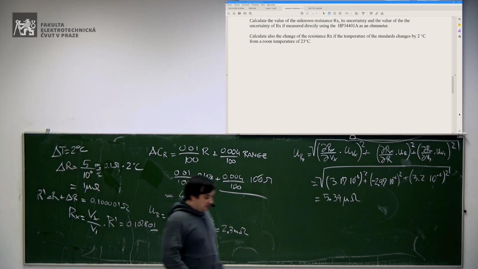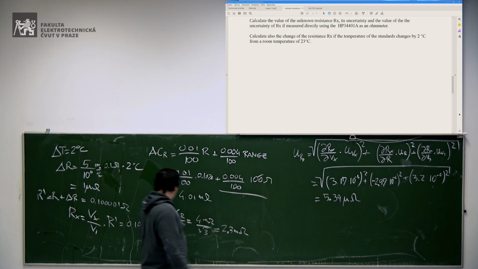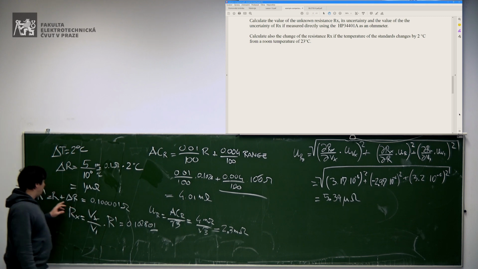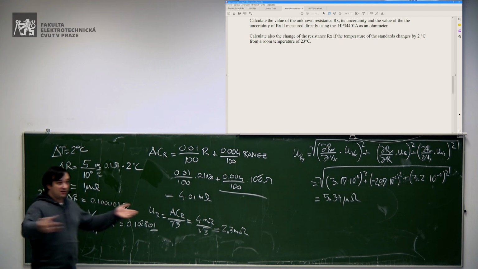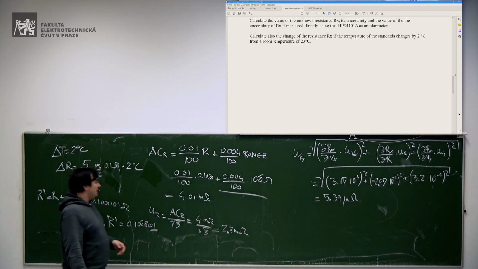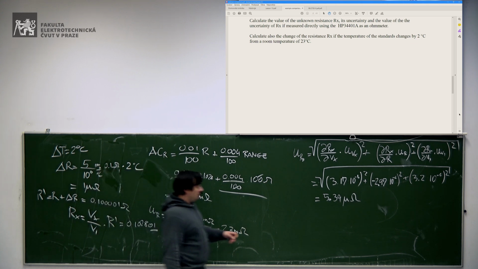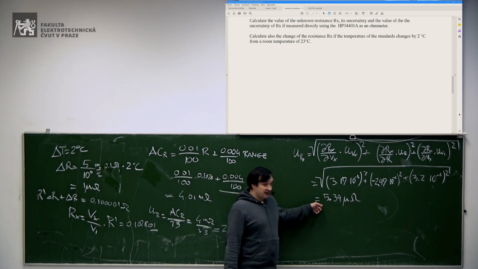That's basically the same. And be careful, now we changed the temperature by only 2 degrees, which can easily change in the environment, and you get 1 micro, which is not that much smaller than the uncertainty.